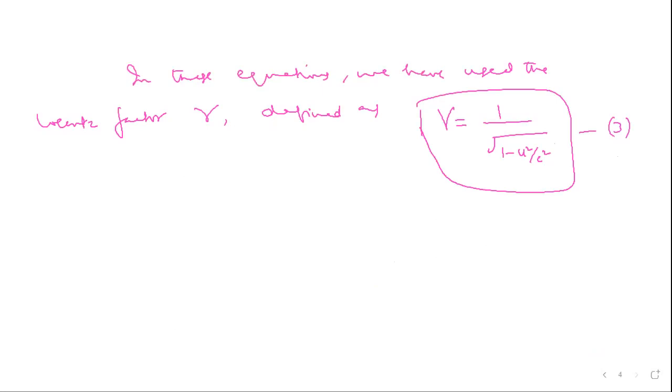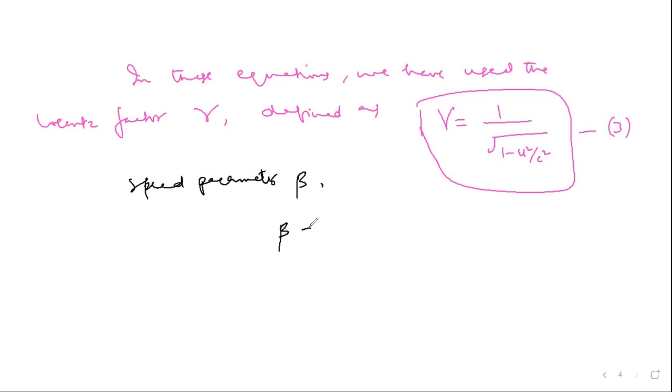It's also convenient in relativity equations to introduce the speed parameter beta, defined as the ratio between the relative speed u of the two coordinate systems and the speed of light.